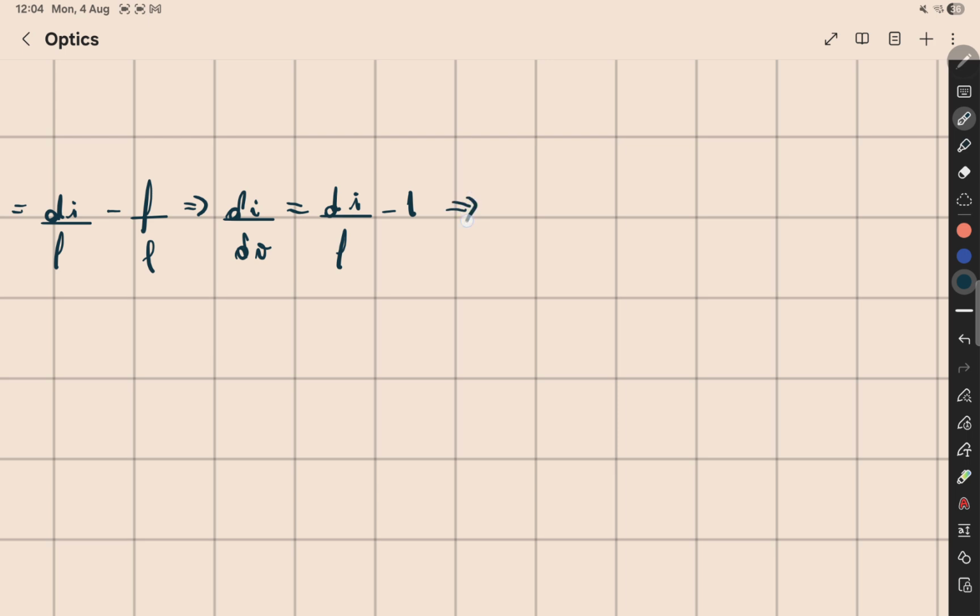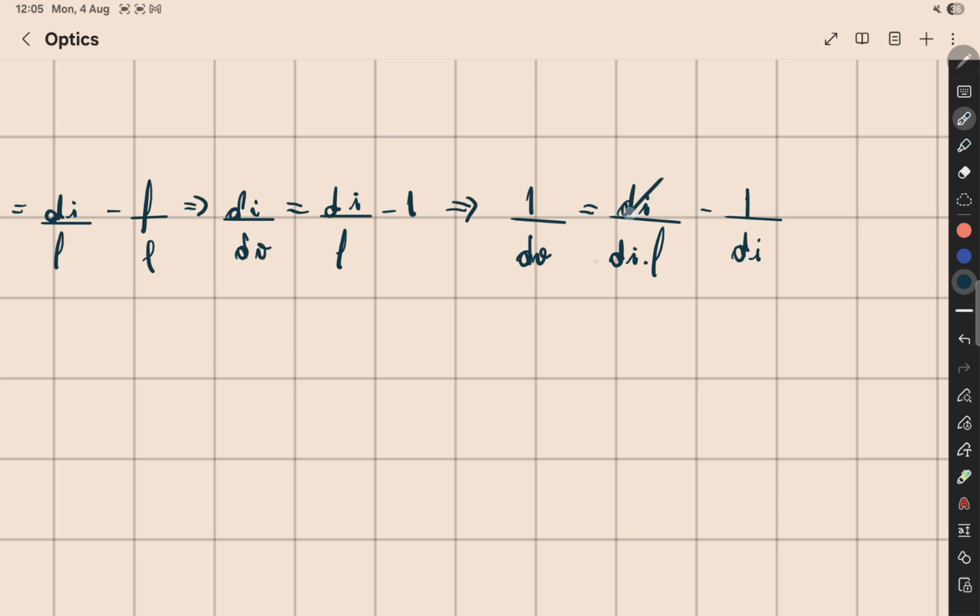So from here, what I can do is take this di here and throw it to the other side, dividing each term. So I'll be left with 1 over the distance of the object, it's equal to di divided by di times f, minus 1 divided by di.